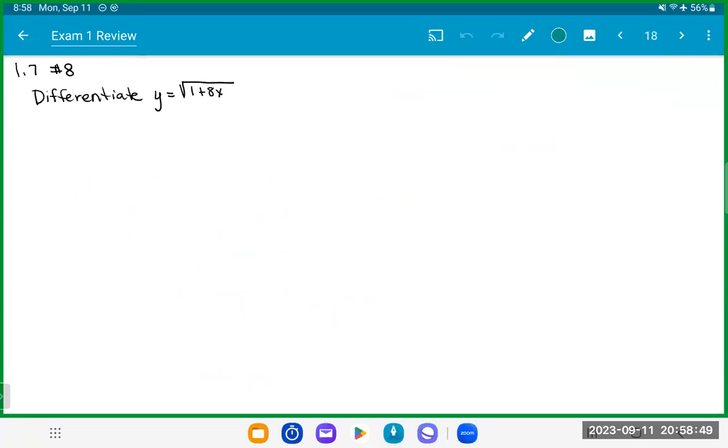All right, so for this one, let's go ahead and take that radical and make it into an exponent. So this is (1 + 8x)^(1/2). We want to differentiate this.